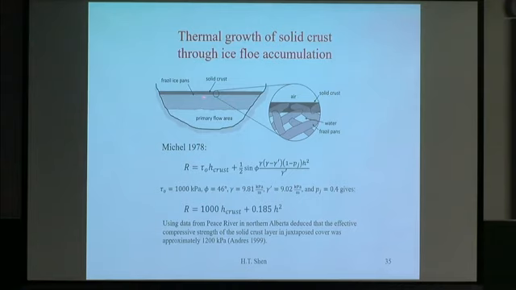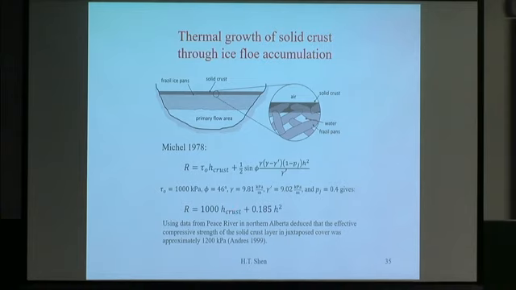And this was actually mentioned by Michel in '78, and then by Dave Andrews in '99, and they both suggest some strength numbers for this. And these are just two numbers from two field cases.